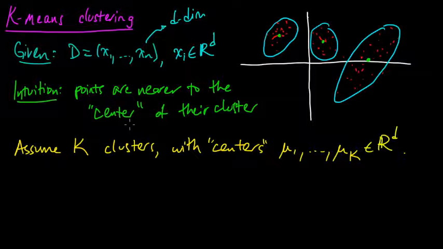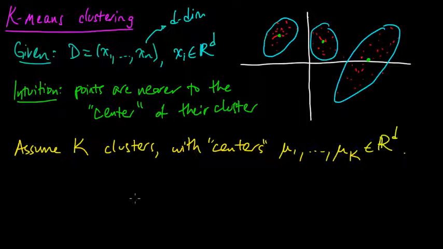Now let's formalize this intuition a little bit. What does it mean that the points are nearer to the center of their cluster? That tells us that we should assign points to the nearest center, but what should the centers be? We have to decide not only the assignment of each point to a center, but also what the centers are.